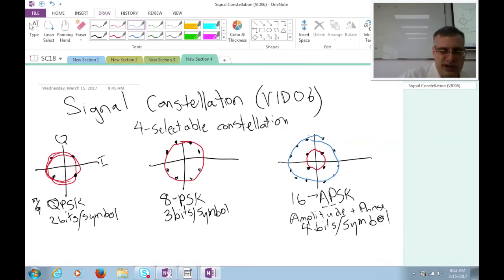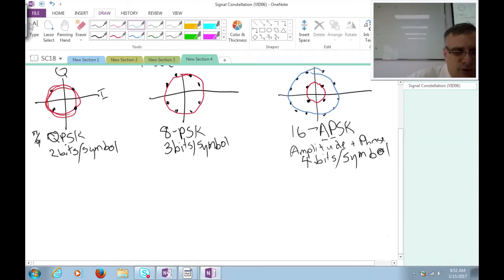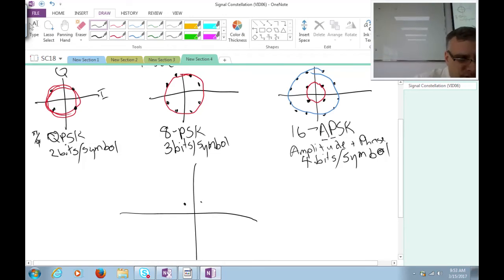And then if you're really good, if you've got a nice, beautiful, clean signal with high signal to noise ratio, you can transmit QPSK on the inner circle. You can do another 12 points of phase shift keying on the outer circle.